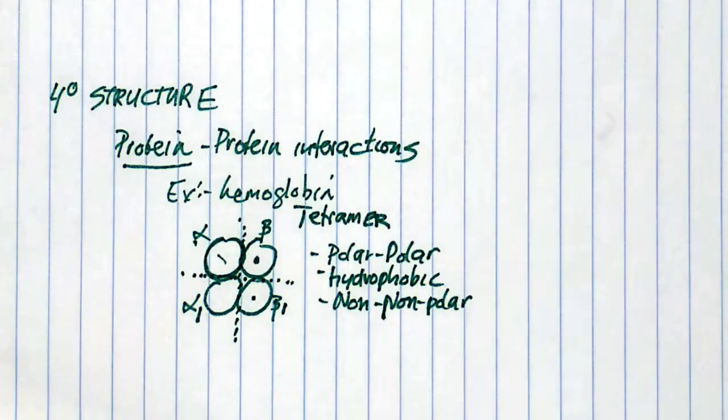Okay, so primary, secondary, tertiary, and quaternary structure, know what these mean. We are going from a very simple primary structure, a linear chain of amino acids, to secondary, tertiary, and then ultimately quaternary. We increase in complexity, we increase in three-dimensional folding, we increase in compactness and order of the protein, and all of this is very important for that protein to convey its very specific function within the cell.